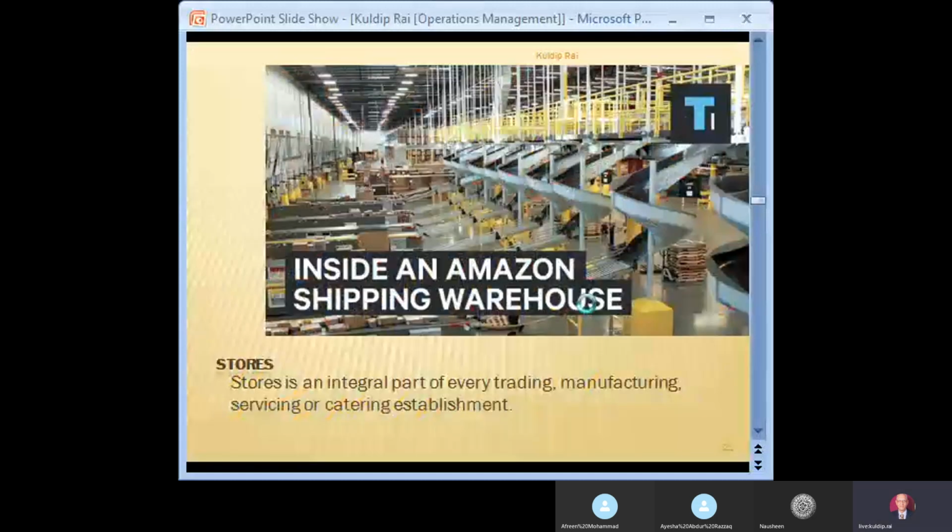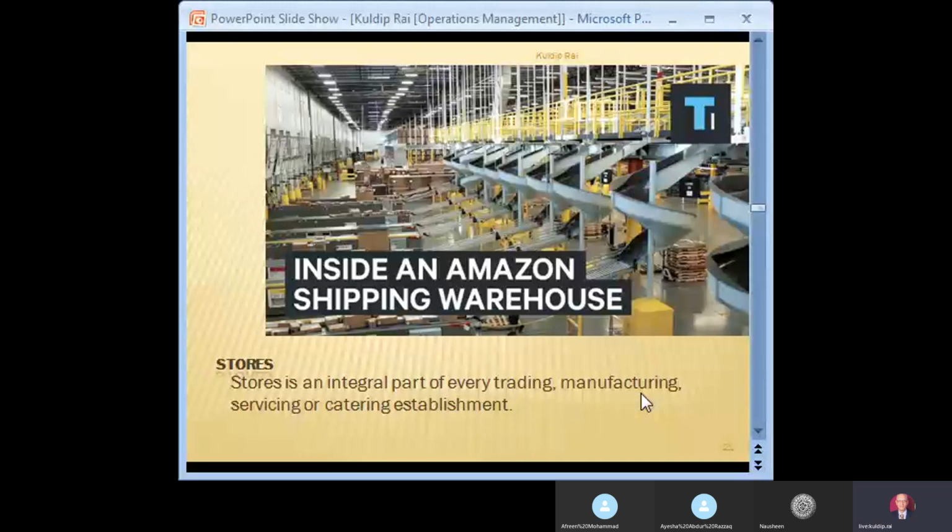Look at the screen now. What you are seeing is a very great store. This is the warehouse of Amazon. Amazon has got a huge warehouse in Hyderabad. It is totally automated. It is very large because the number of items which Amazon keeps are very large in number.